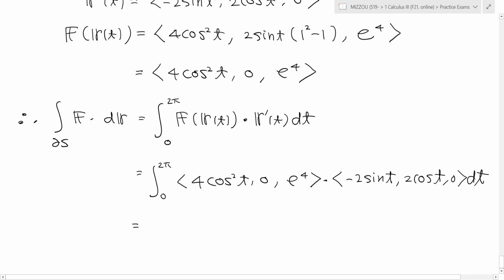If you work this out, since you have 0 here, it gets cancelled out, and this gives 0. So this becomes quite simple. And then you get negative 8 cosine squared t sine t.